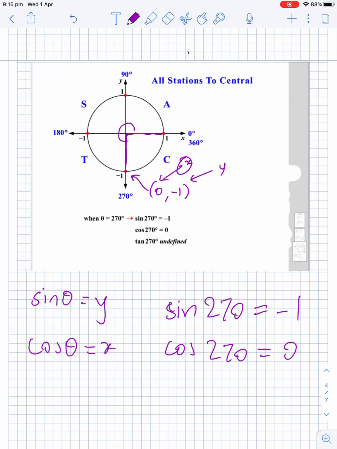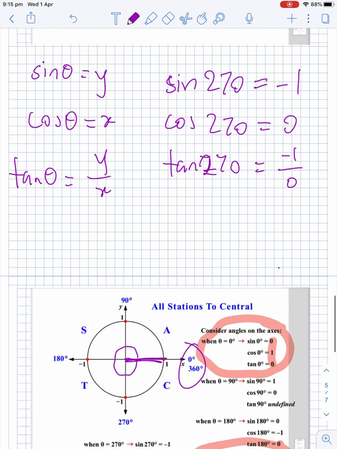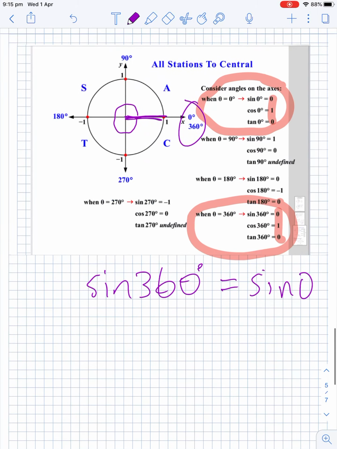That's 0, because look, x is 0. And then lastly, tan of 270, equals the y over x for the tan theta. Y is minus 1, x is 0, minus 1 over 0. You can't divide by 0. So that is also undefined.